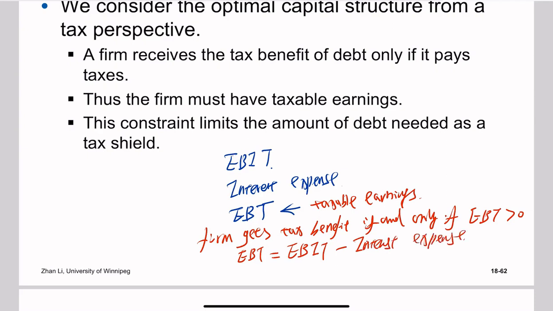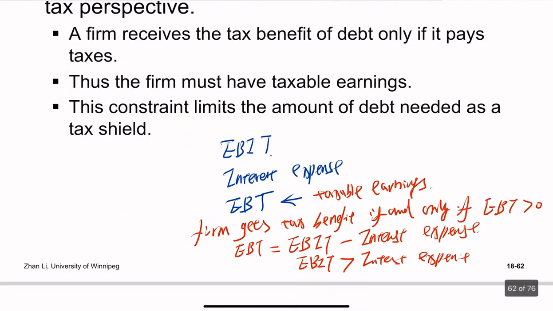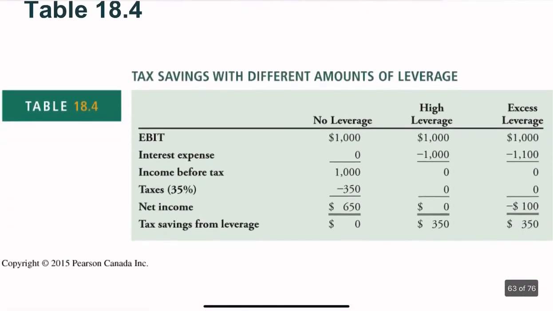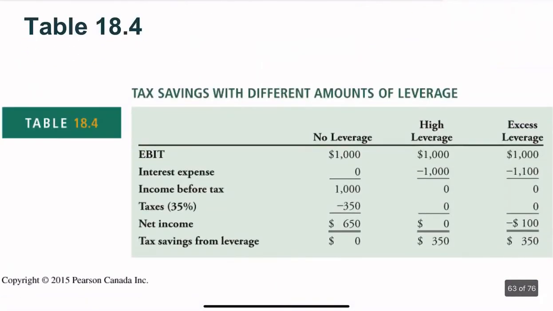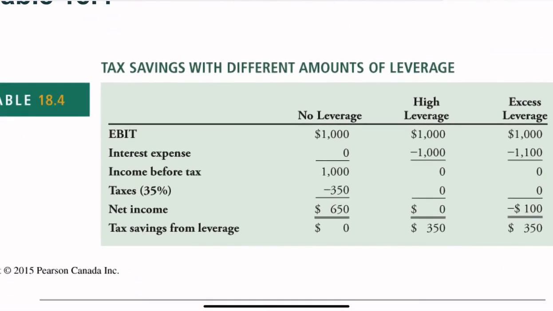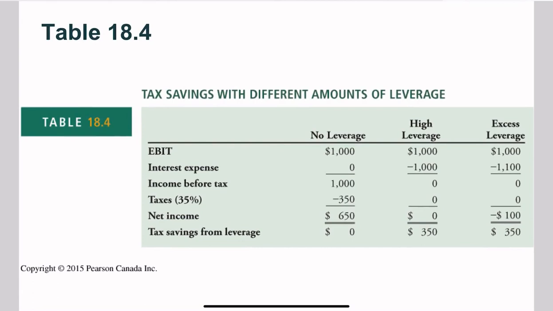So if we require EBT larger than zero for the firm to benefit from the tax savings, then we can see that EBIT has to be larger than interest expense for the firm to enjoy the benefit from using debt. So this basically tells you that from the perspective of tax savings, the firm should never make interest expense exceed EBIT.